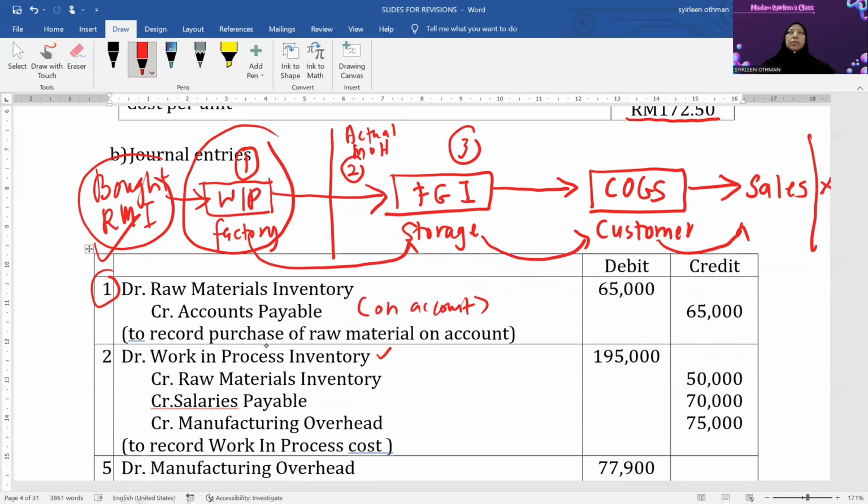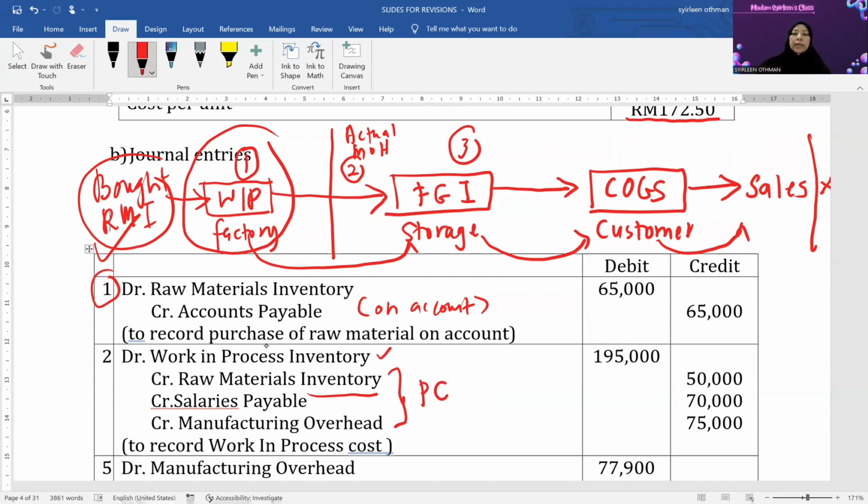So apa yang masuk dekat work in process tu ada 3 item, which is your product cost or your manufacturing cost. So you have your raw materials inventory, salaries payable, or some question will be using wages payable, and then your manufacturing overhead. Manufacturing overhead is the ledger's name, yeah? So you don't have to write there applied manufacturing overhead atau actual manufacturing overhead, no need. Okay, you just write there as manufacturing overhead.